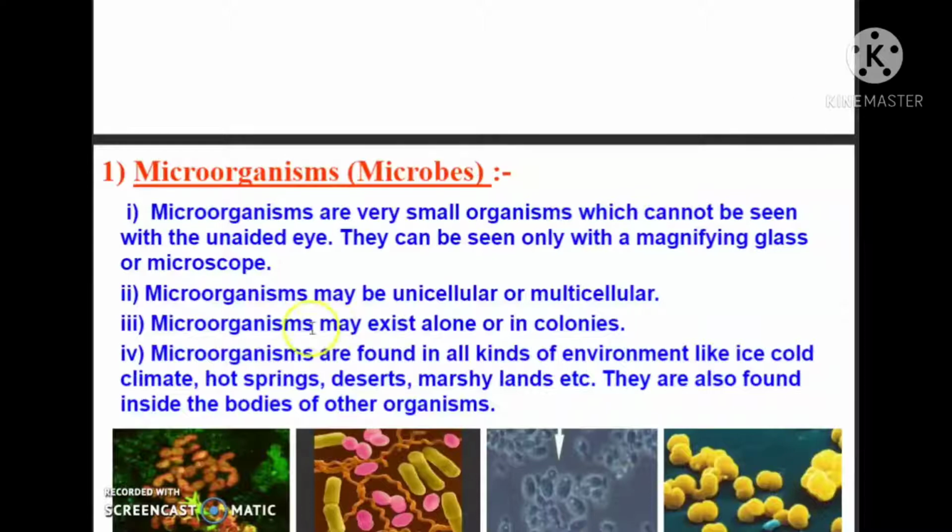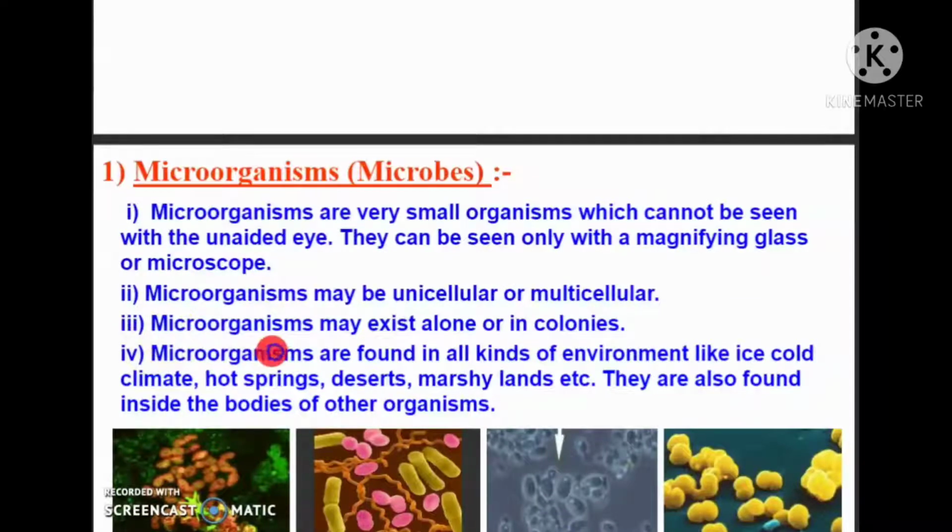Now what we are going to learn about microorganisms in this chapter is that microorganisms may be unicellular or multicellular. Microorganisms can be unicellular, meaning they are made up of only one cell, whereas multicellular means they are made up of more than one cell.